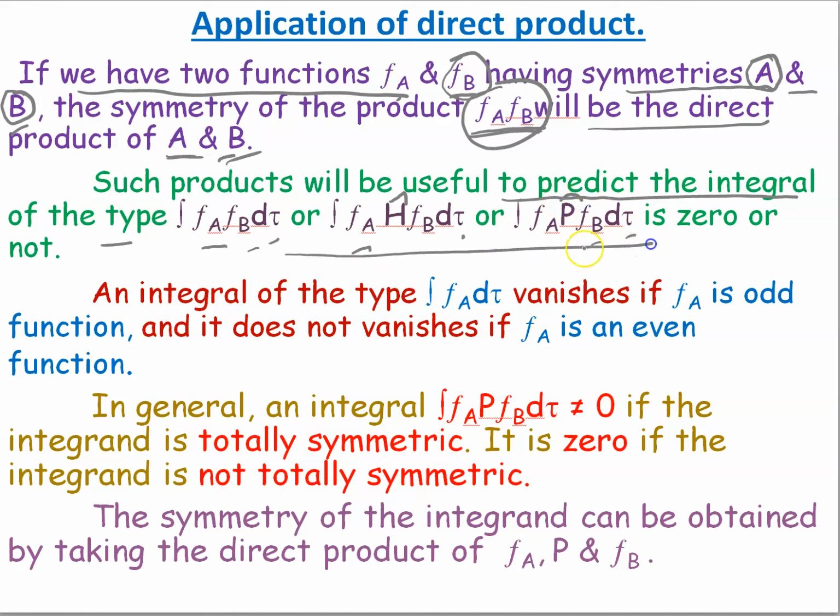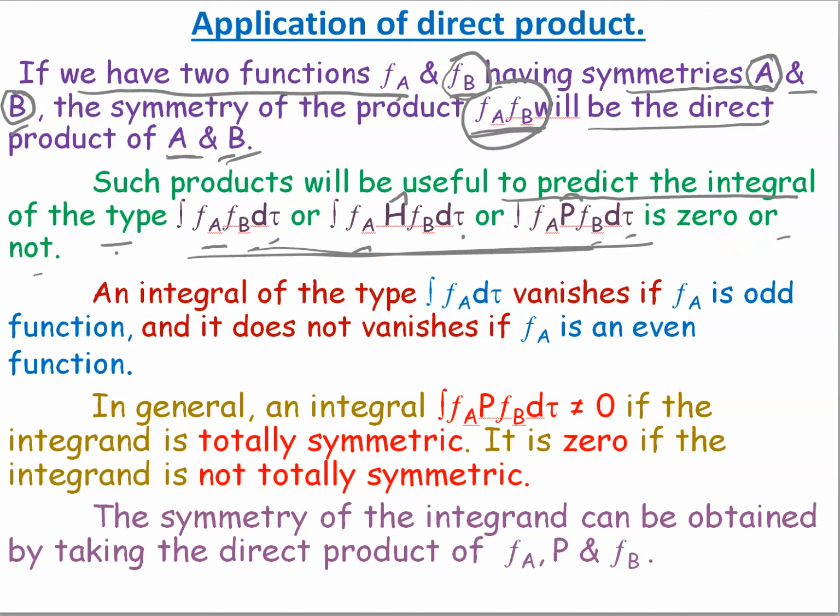This type of integral has to be solved in the application of group theory, especially in predicting the transition probability in spectroscopy. And we have to predict whether this integral will be 0 or not.